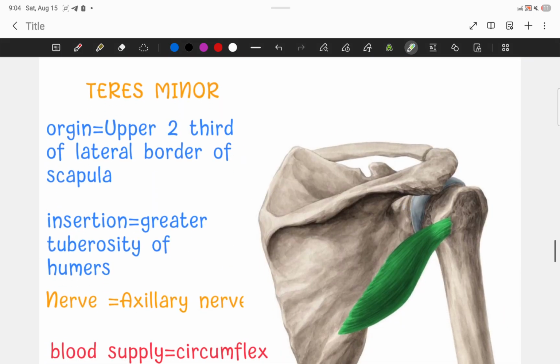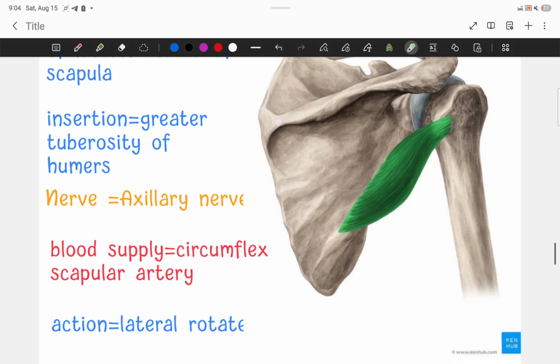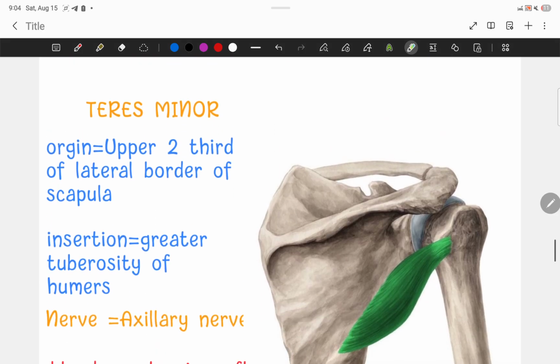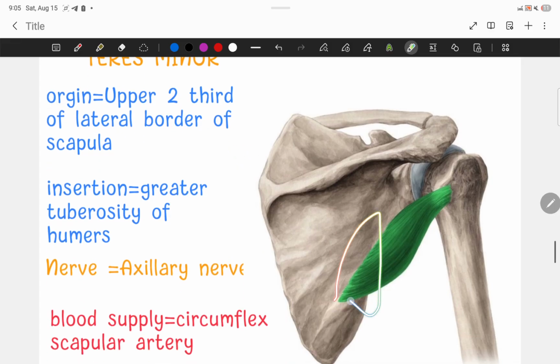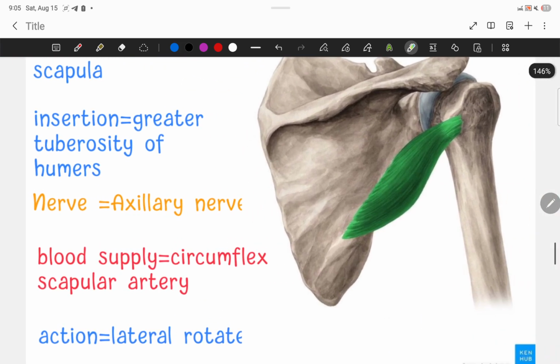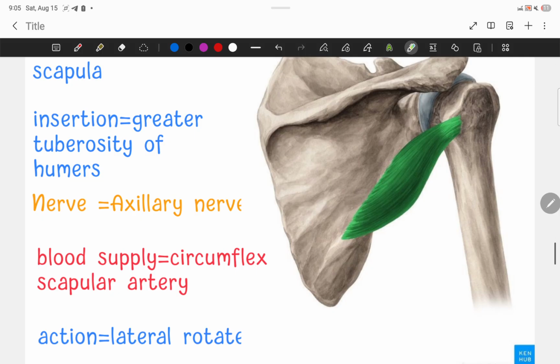So we talk about teres minor, the minor one, the superior one. The major is the inferior one, and the minor one is the superior one. Origin is the upper two thirds of the lateral border of scapula. And insertion is the greater tuberosity of humerus. Nerve supply is the axillary nerve.